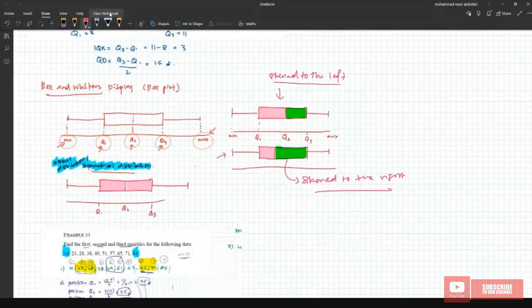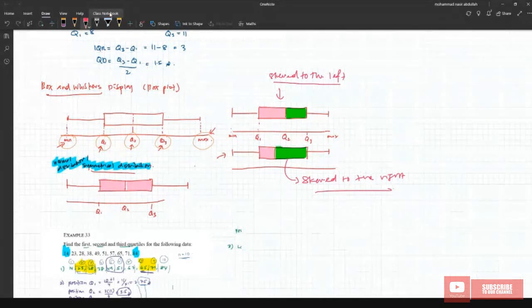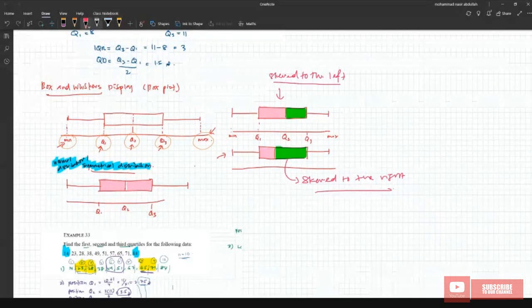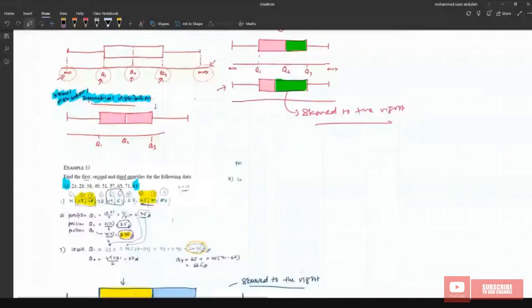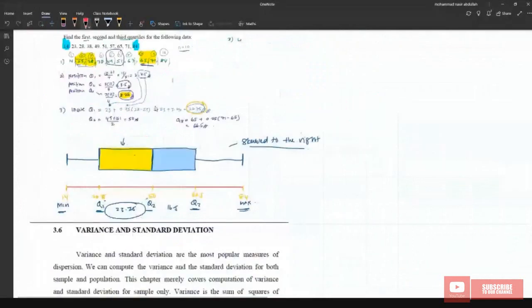All right, thank you very much. Good. And then the correction for this one, so we will get skewed to the left distribution. So this is also skewed to the left. Right? Okay.